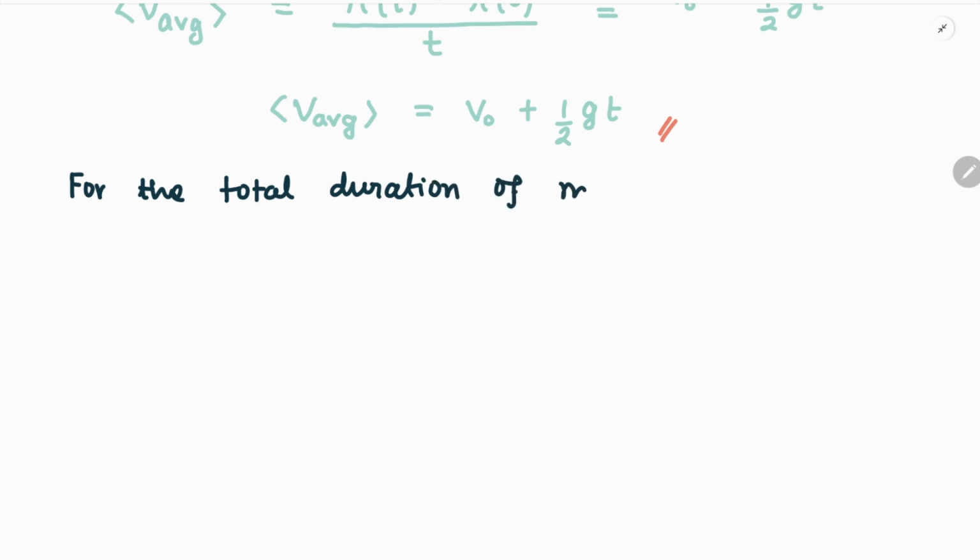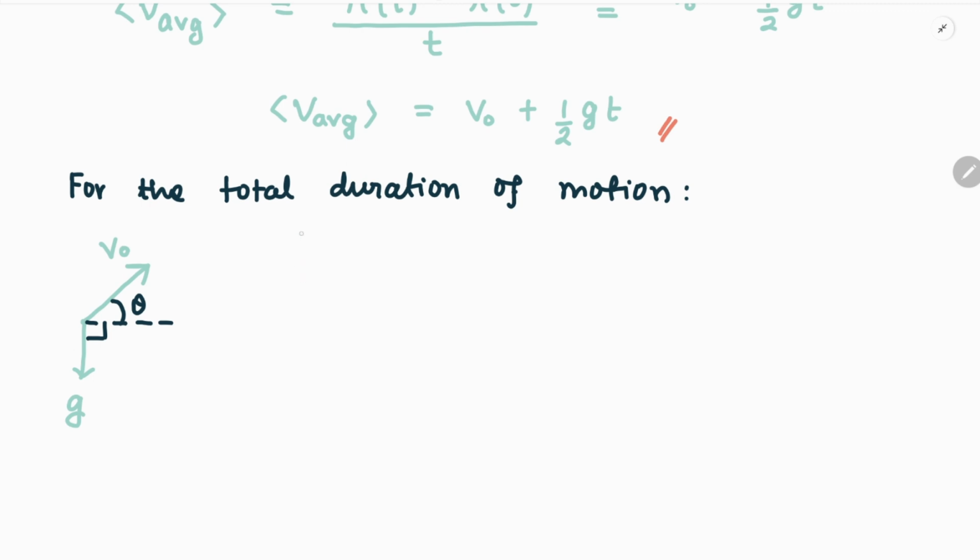To understand this, when the particle is projected, it has a velocity v0 at a certain angle which is not mentioned in the problem. The g vector is in this direction. If this angle is theta, which is the angle of projection, then the angle of g is 90 degrees in the vertically downward direction.